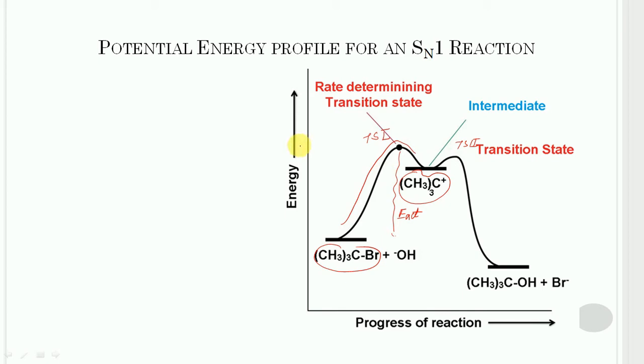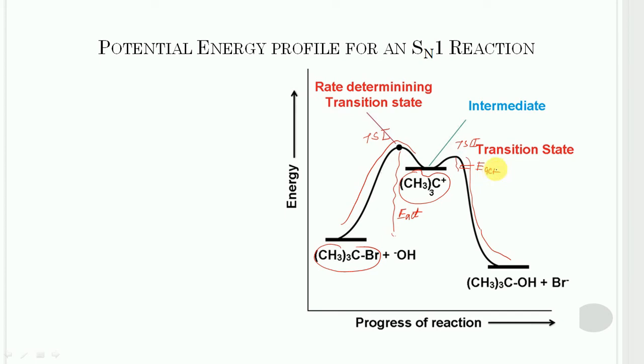The second step involves the attack of the nucleophile on the carbocation intermediate and is highly exothermic, and hence the transition state corresponding to this step has low activation energy.